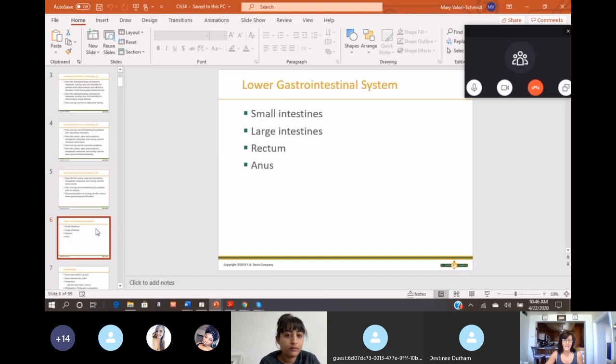So let's get started. The lower GI system consists of small intestines. It's about 20 feet of sausage is what it looks like. And remember, DJ, ileum: duodenum, jejunum, and the ileum.